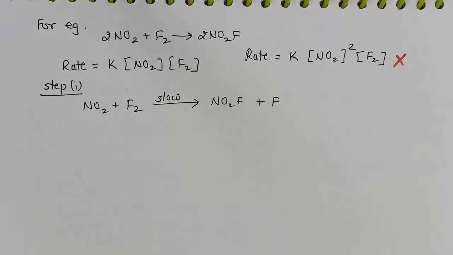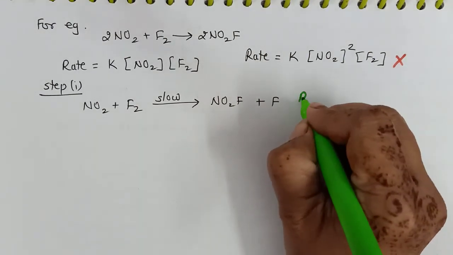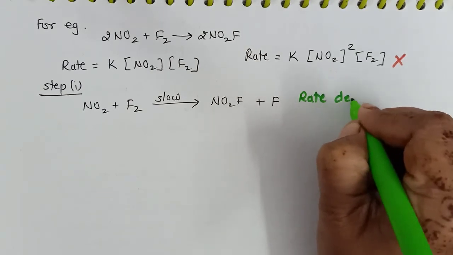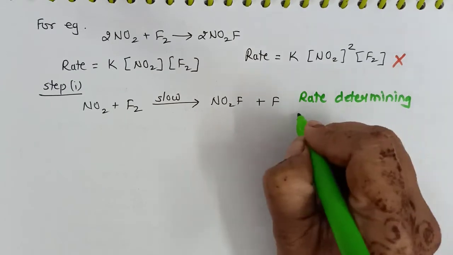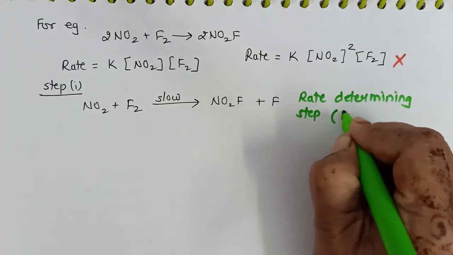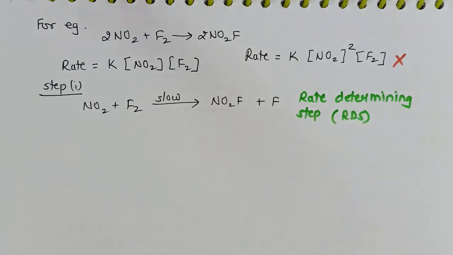Remember always, the slow step is the rate determining step. It is also called RDS. You have to remember this fact that always the slowest step will be the rate determining step.